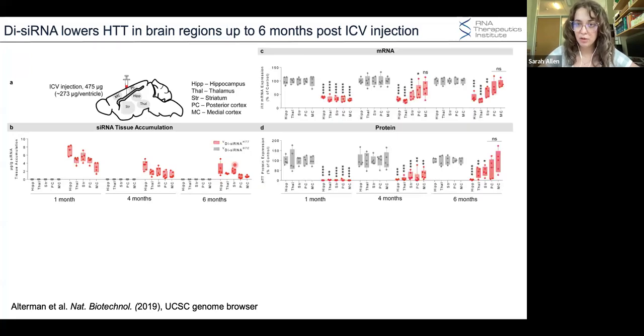We also get a significant knockdown of mRNA and protein, definitely at 1 month, in most regions still at 4 months, and in some regions up to 6 months post-injection. So we're getting really significant silencing of Huntingtin with our compound.